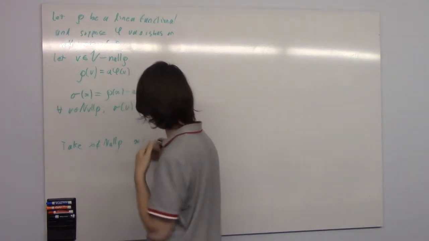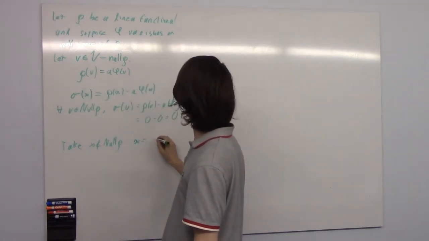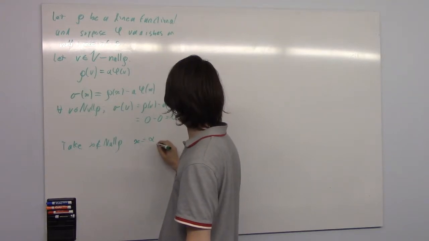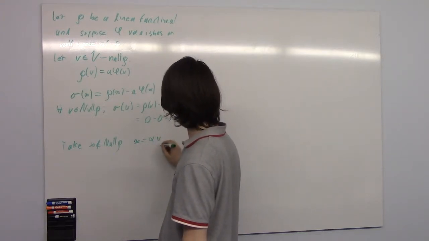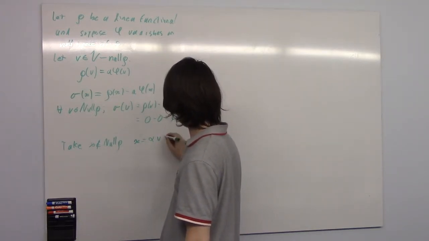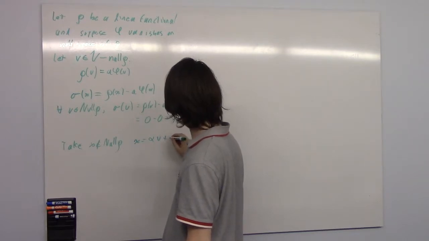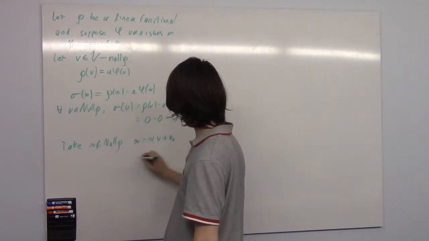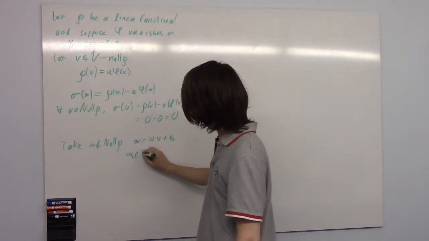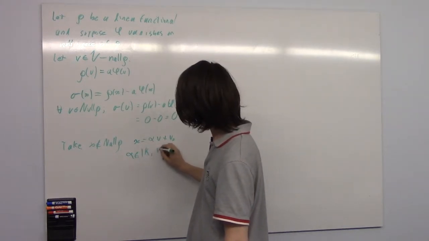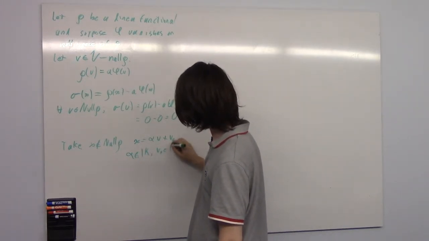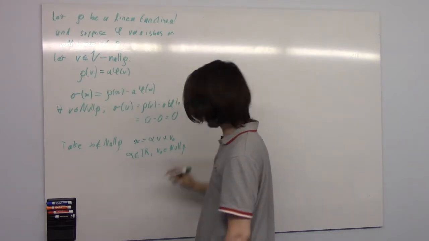So x equals some alpha times v plus v0, where alpha is in K and v0 is an element of the null space of rho.